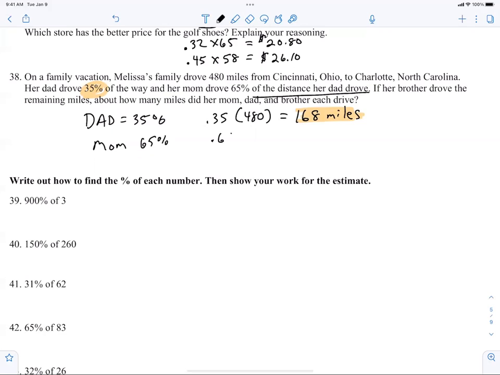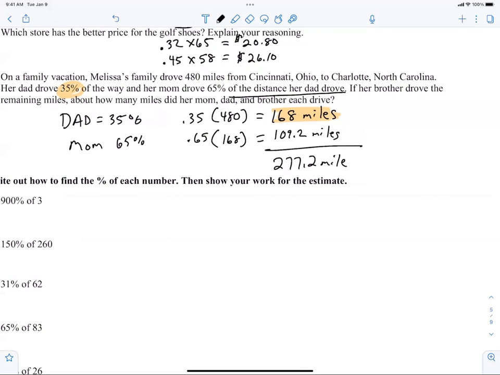Right, so 0.65 times 168, because it wasn't the total miles, it's 65% of what the dad drove. And what did the mom drive then? 109.2 miles. Everybody get that? Jacob, do you see your mistake? Yeah. Okay, so all together, that adds up to how much? 277.2. Right. So how much did the brother drive?